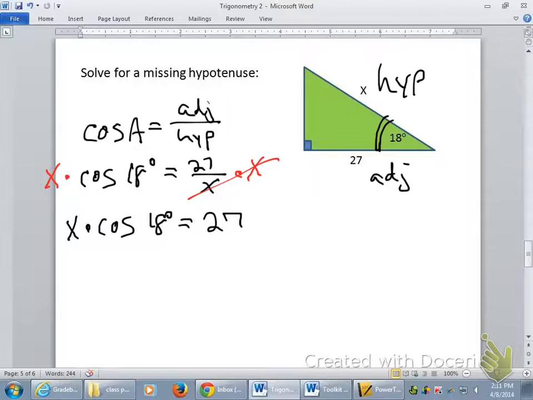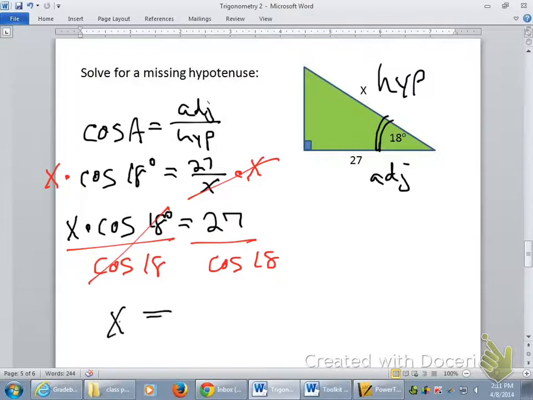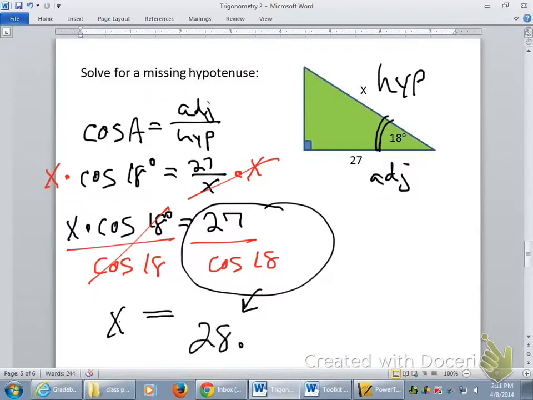We're going to divide both sides by the cosine of 18. This cosine of 18 divided by this cosine of 18 clearly goes away. And I'm left with x equals whatever this is in my calculator. 28.4.